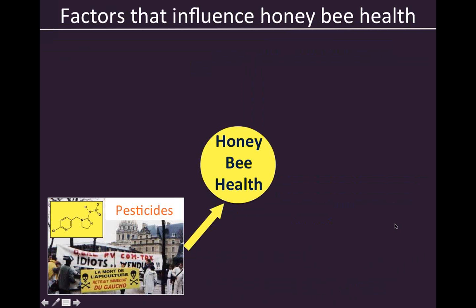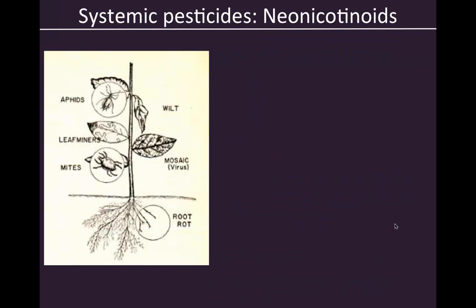So then we can talk about pesticides, and this is, I guess, what you guys are most interested in, so we'll go into this in detail. You might already have knowledge of what systemic pesticides are, but those are the ones that neonicotinoids are in. They're basically seed-treated.